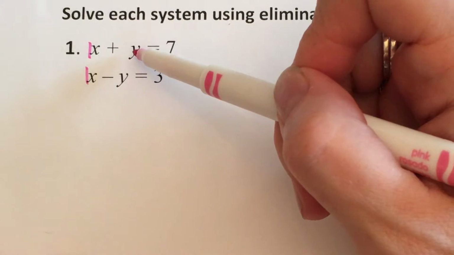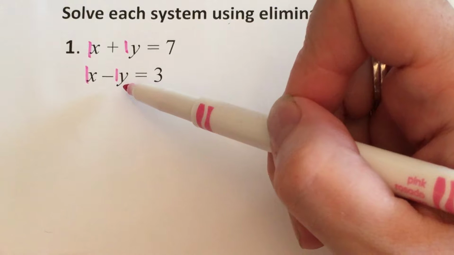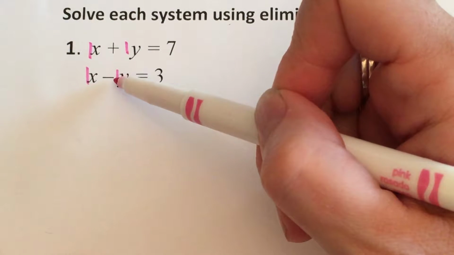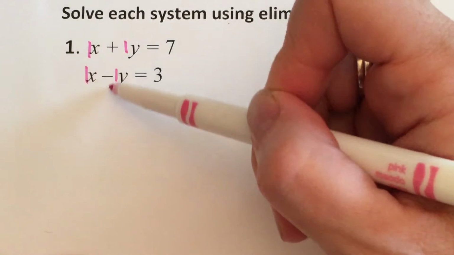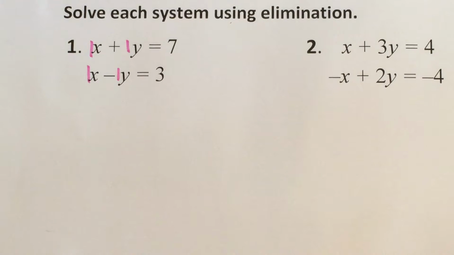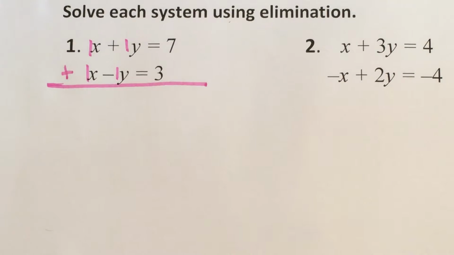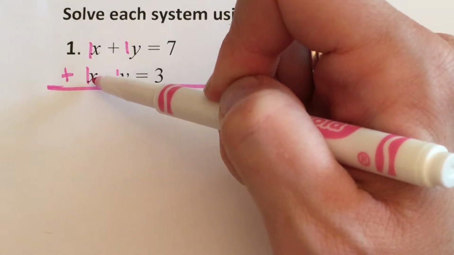Let's look at my y's. My y's, this is a 1y and this is a 1y. And one of them is positive and the other one is negative. So this is really great. It's the y's that we're going to use to cancel out. So let's add straight down. 1x plus 1x.